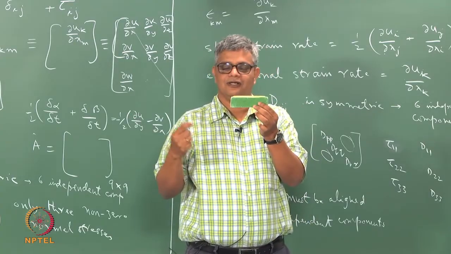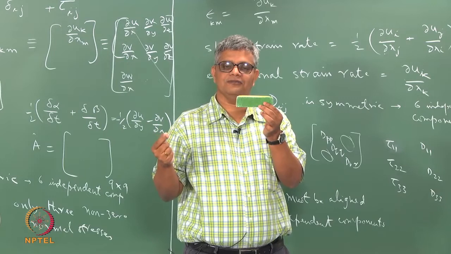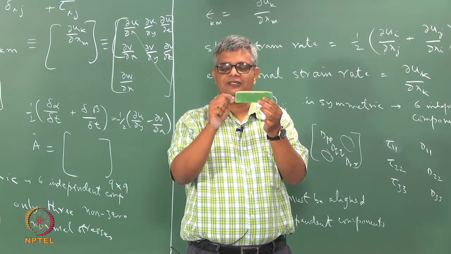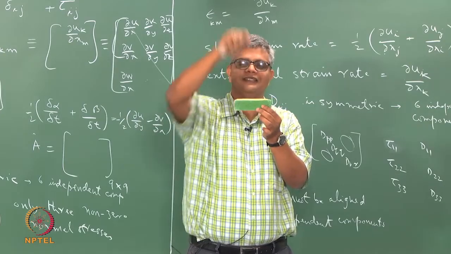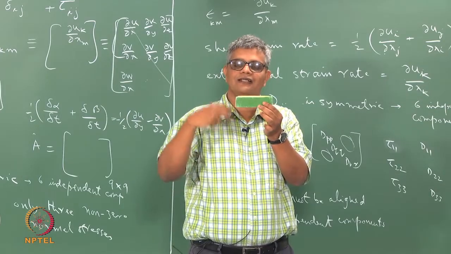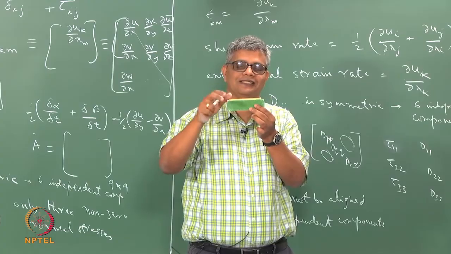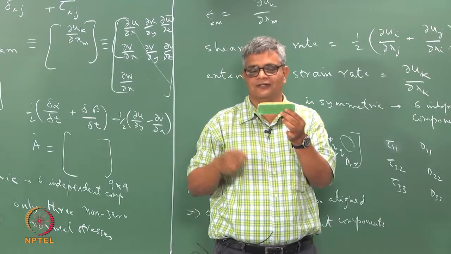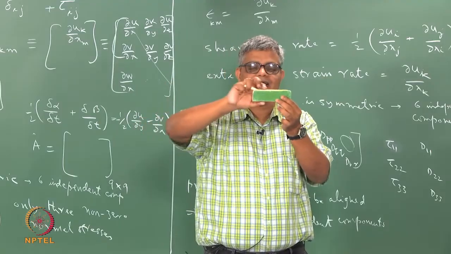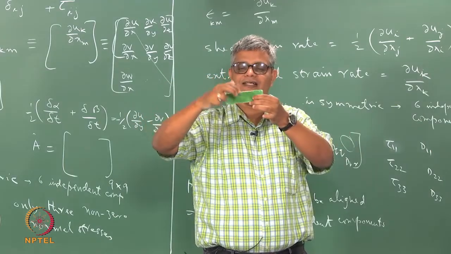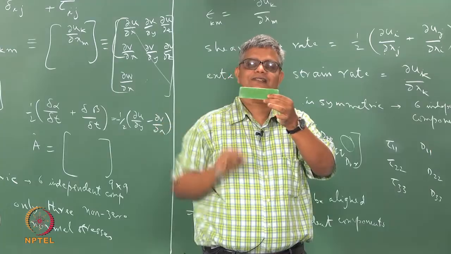Okay. So, in an isotropic medium it does not matter whether you apply the tensile stress here and here, or in this direction or in this direction, the response of the body is the same in all directions. So, that means that if you apply tensile force here, then the body elongates here, and then it also contracts on this side and contracts on this side.